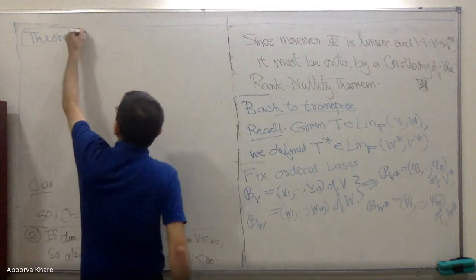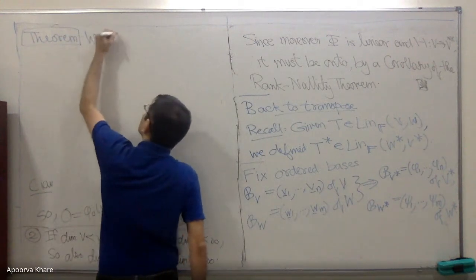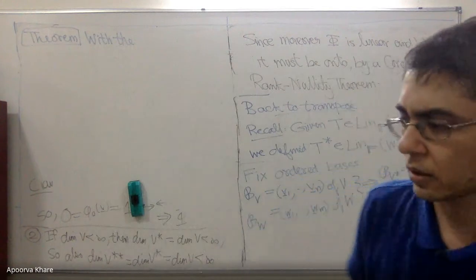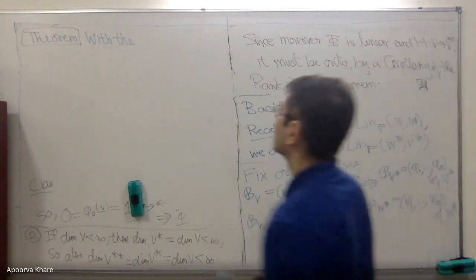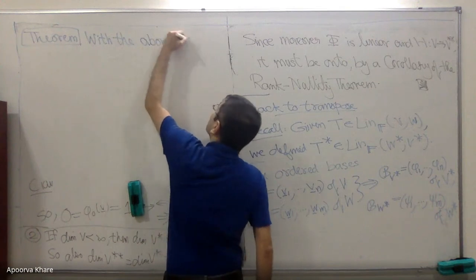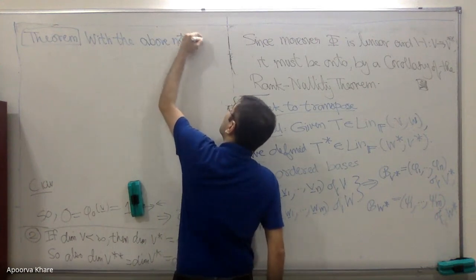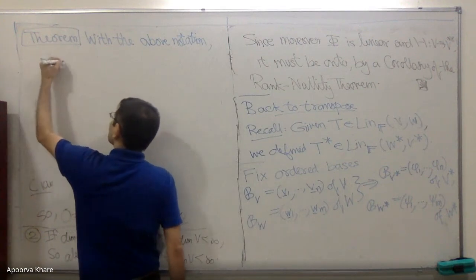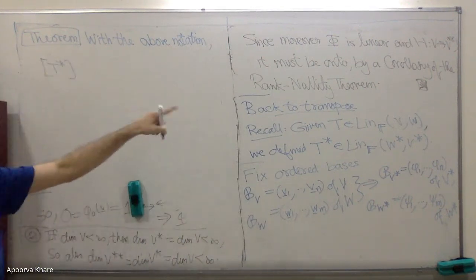With the above notation, the matrix of T star goes from W star to V star.